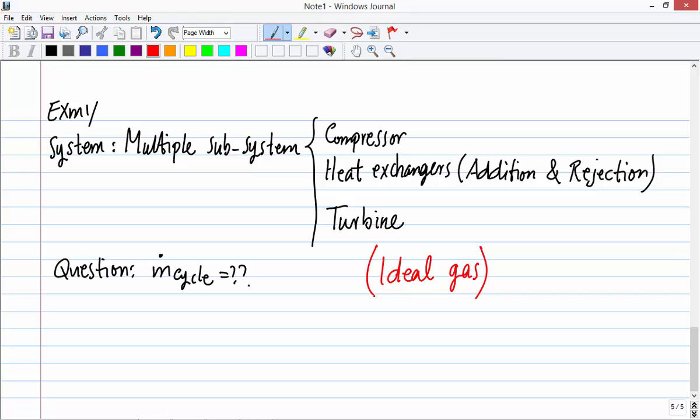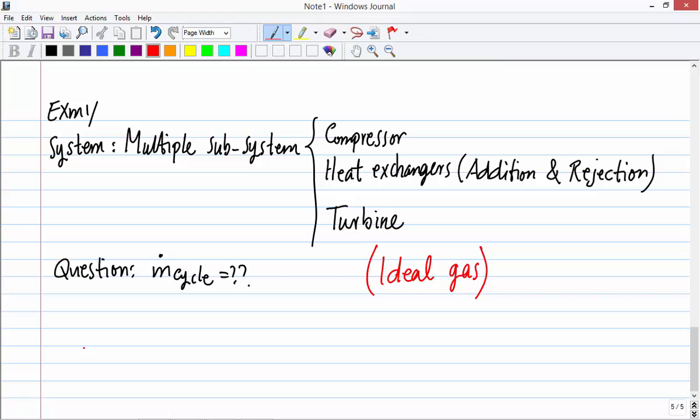So I have the work, I mean W net. So I have the work and the unit.